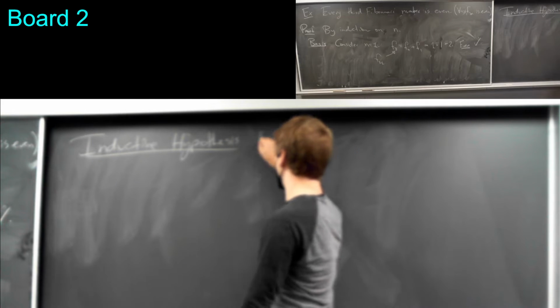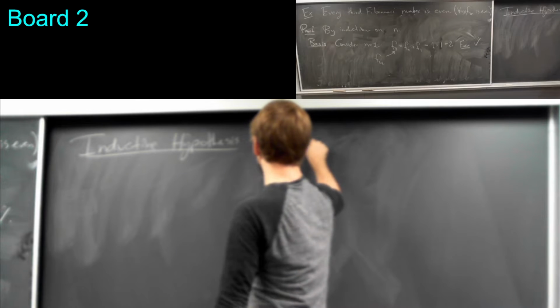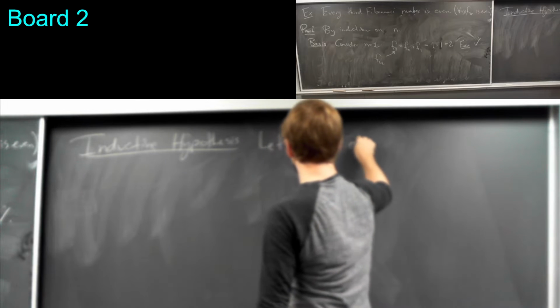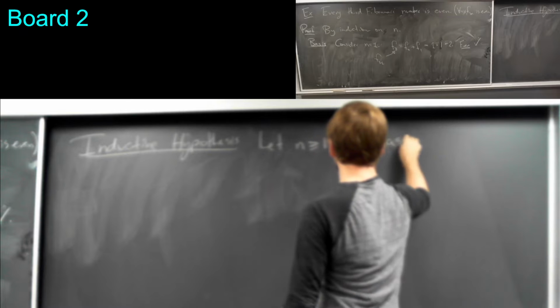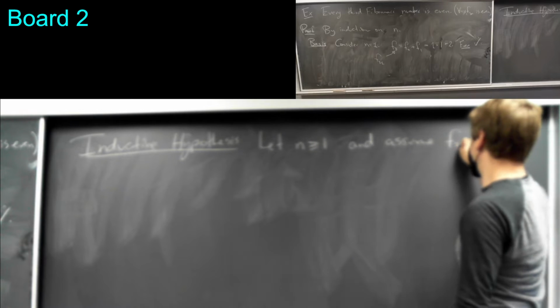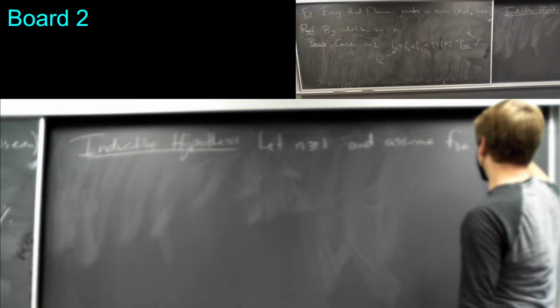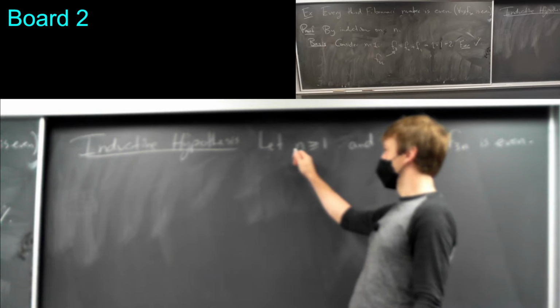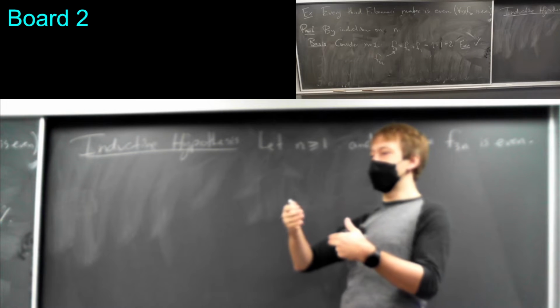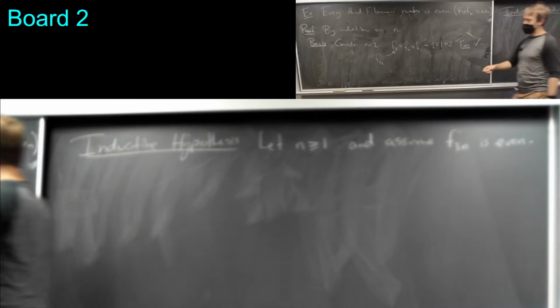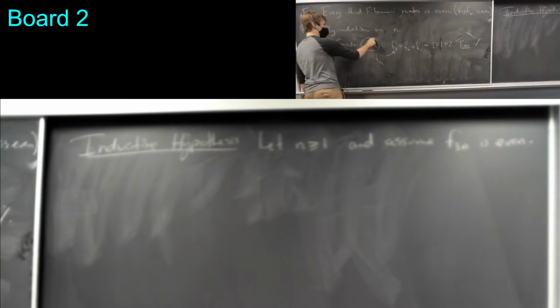So let n be at least 1 and assume that f3n is even. Okay. You always want your inductive hypothesis to start at the last basis case you proved. The only basis case we proved was n equals 1.